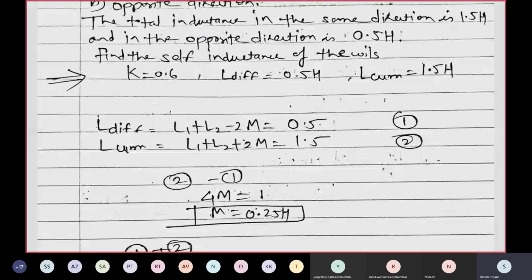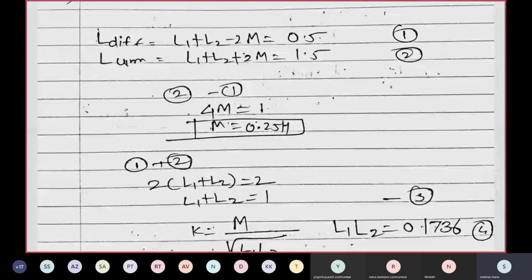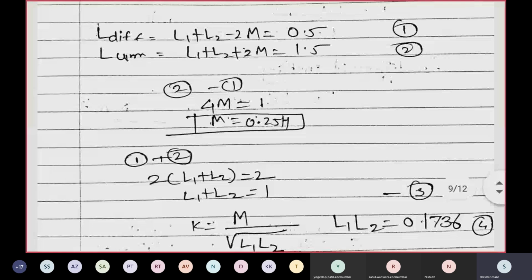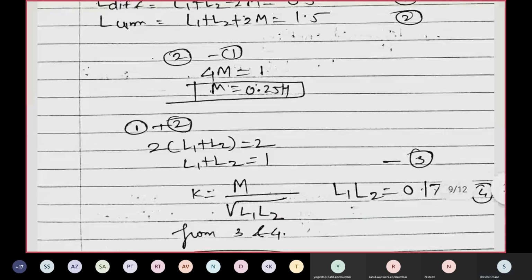Now if you add this 1 plus 2, then you will get this equation number 3. L1 plus L2 is equal to 1. This is your equation number 3. And using the formula for coefficient of coupling, K is equal to m upon root of L1 L2.